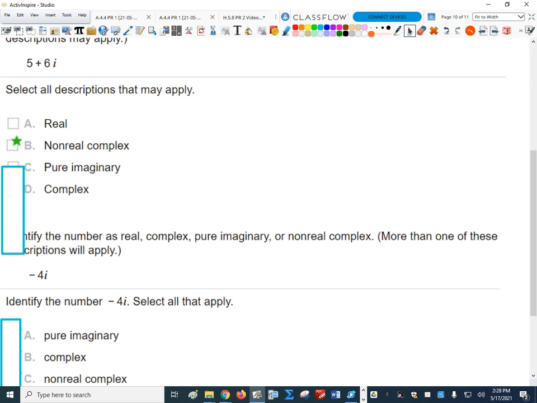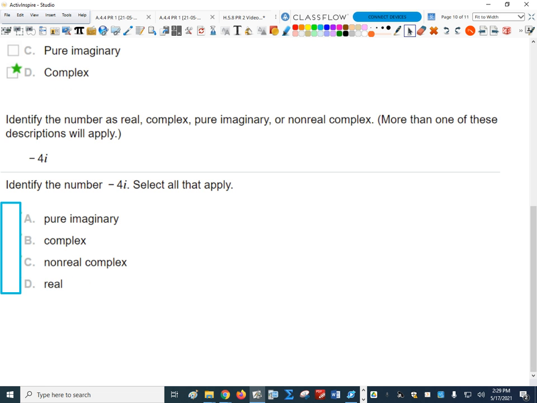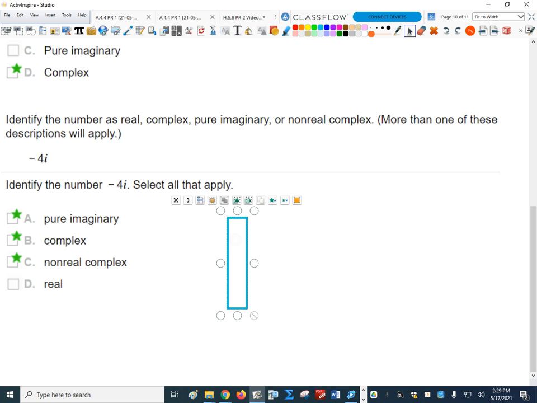Is it a complex number? Yeah, every number is a complex number. Okay, how about -4i? Is it pure imaginary? It is. Is it complex? Of course. Is it non-real complex? Yes. Is it real? No.